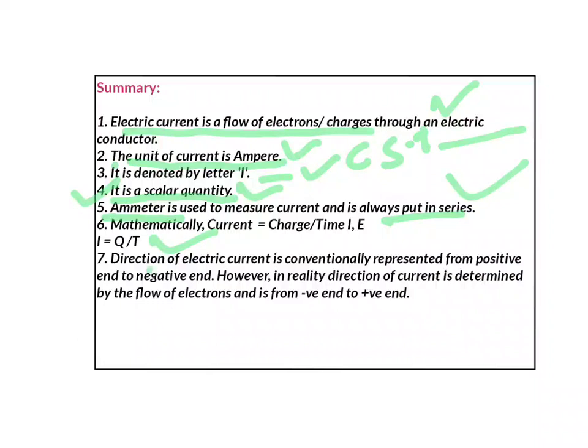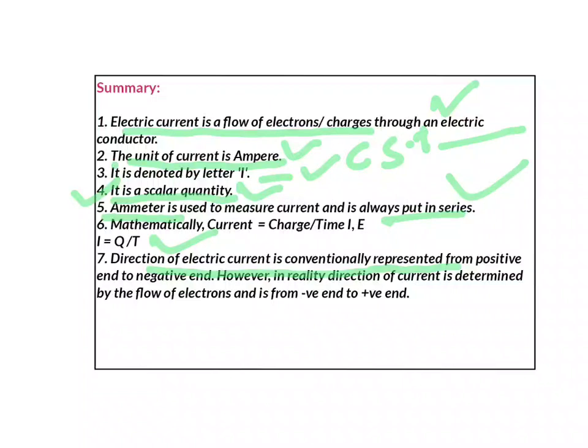Direction of electric current, as you know, it was historically or conventionally believed that charges flow from the positive end of a conductor to the negative end, but that misconception was because it was believed that current flows because of the flow of positive charges.